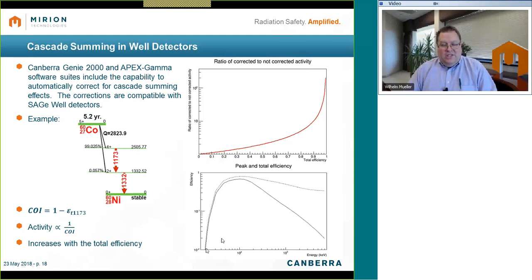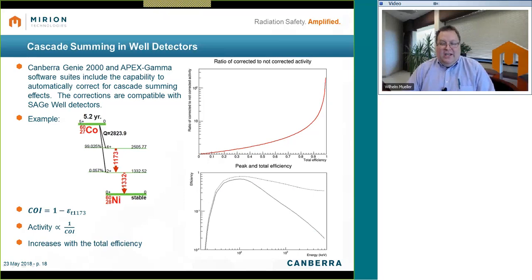And one can see that dependence here. This is the efficiency curve again, versus energy, for a sample within the well. The solid line represents the full energy peak efficiency. This is the peaks that you see. But the dotted line represents the probability, or the efficiency, for detecting any amount of energy related to that particular gamma ray. And one can see that this efficiency decreases a lot less quickly than the full energy peak efficiency.